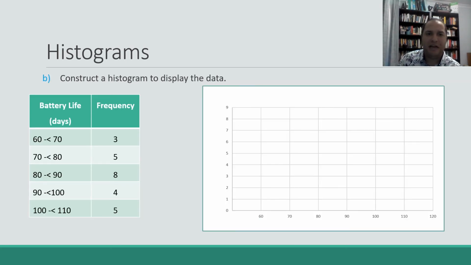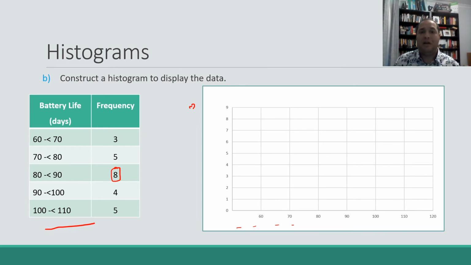Alright, so if we've got our frequency distribution table here, and let's say now we have to create our histogram, our first step is to make sure we've got a good scale. Our scale goes up to 9, which is good because our maximum score is 8, and our columns are all evenly spaced apart. They all go up in tens.